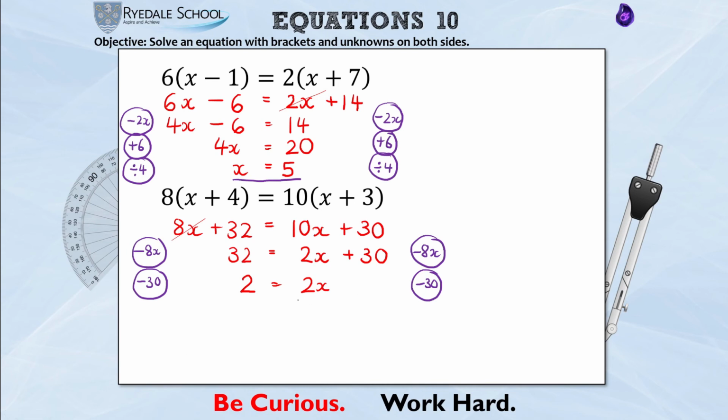So if 2x's is 2, I can work out x by dividing by 2. There's a couple of ways you could write this. You could divide by 2 and say 1 equals x. If you don't like seeing it that way around, you could always, at this point, swap it round to read x equals. So in this question, x equals 1.